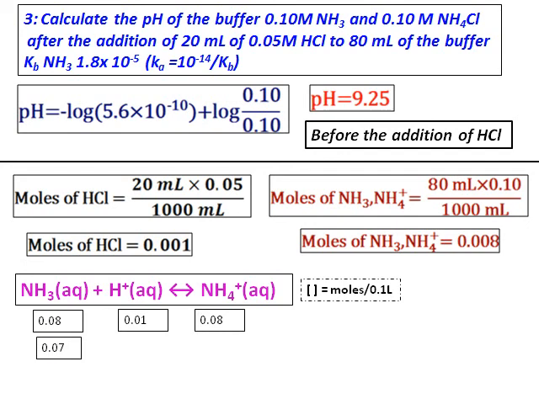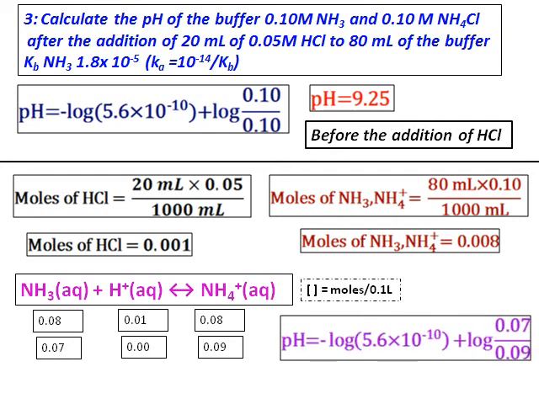Since ammonia reacts with 0.01 hydrogen ion, it will be reduced to 0.07, hydrogen will become 0 and the ammonium ions will become 0.09. So I have all the values substituted into the Henderson-Hasselbalch equation, and I get the pH equal to 9.18.